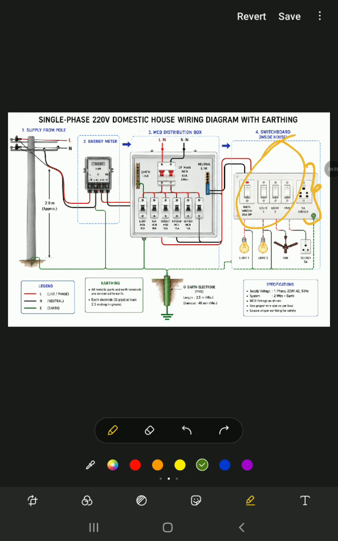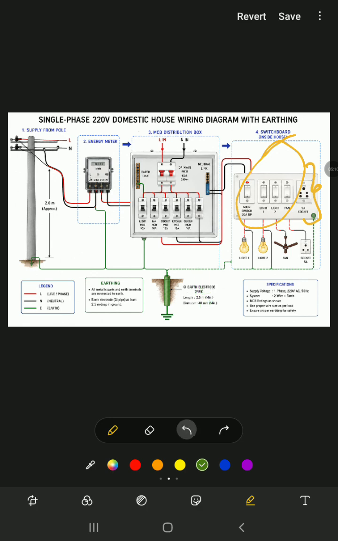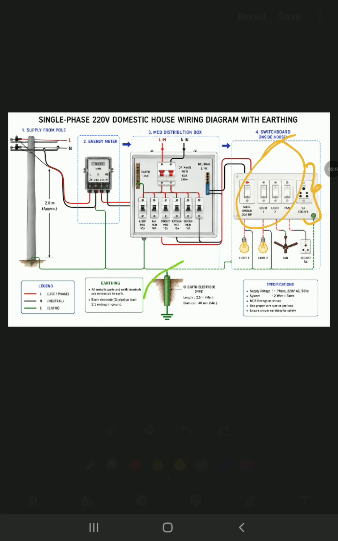Here it's shown as a GI earth electrode. We may also do normal earthing, which is nothing but salt and coal earthing, in which we connect a copper plate to earth. We also know chemical earthing, in which a huge 10 to 15 feet long pipe is taken. For normal domestic houses we mostly find this kind, or the copper plate earthing.